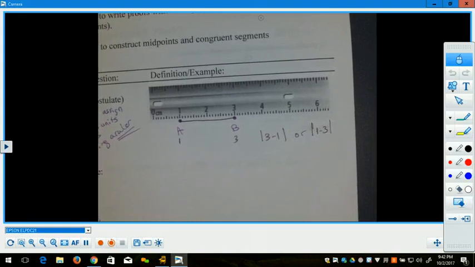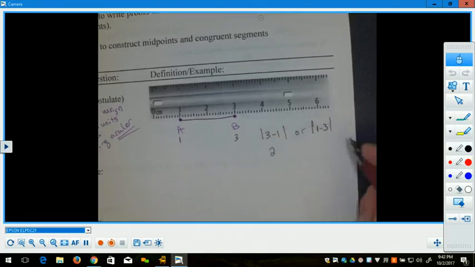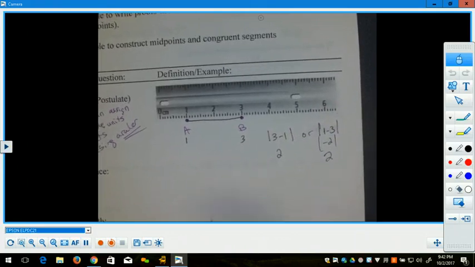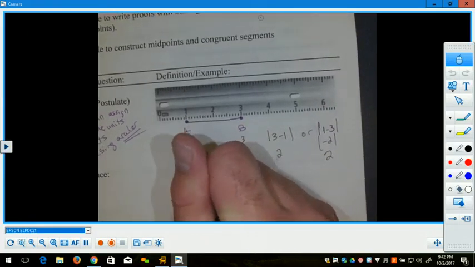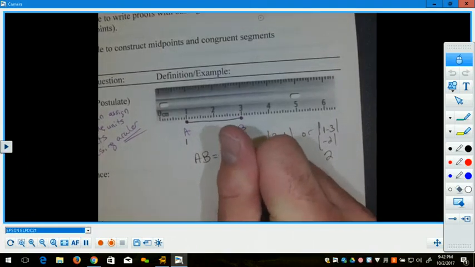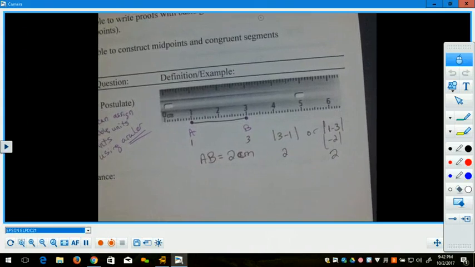Just take the difference of the two numbers that are assigned and take the absolute value since we're talking about distance. So here we get a distance of 2 and here we get a distance of 2. The distance from A to B is 2 units, or actually in this case 2 centimeters if that were actually to scale.